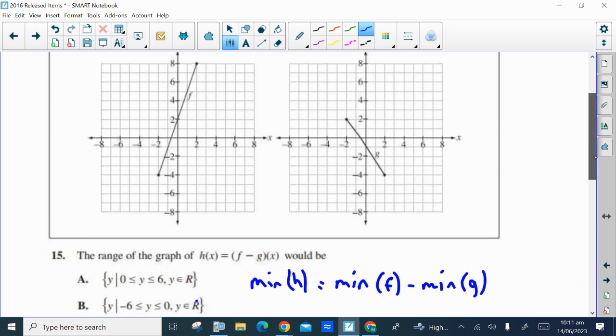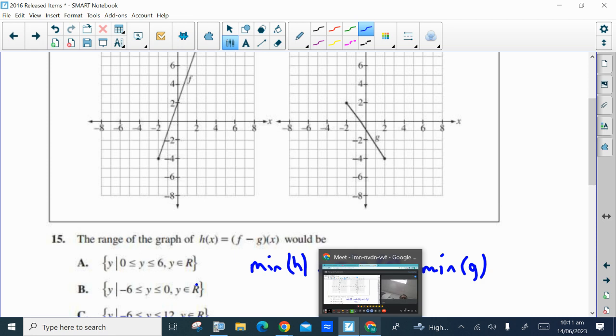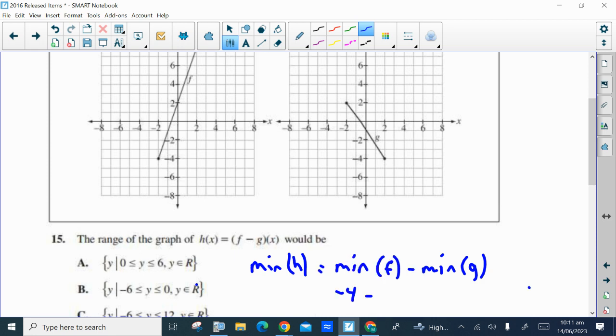So the minimum of f is -4 minus the minimum of g.